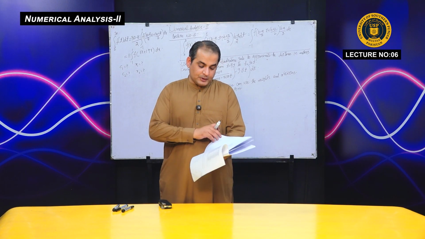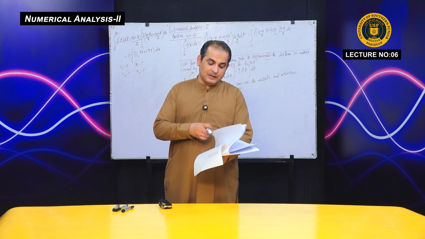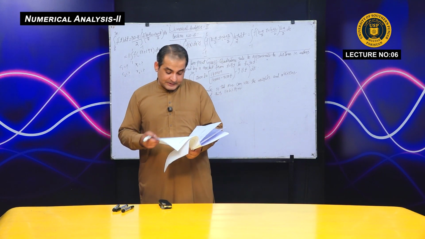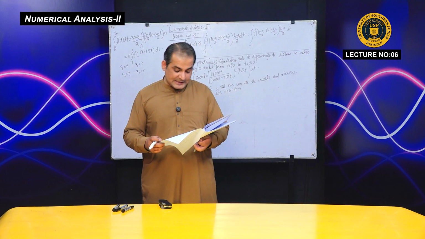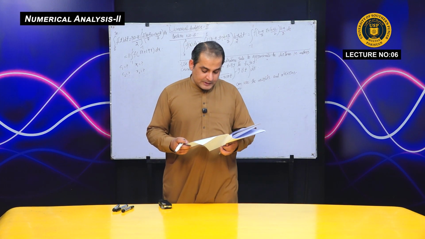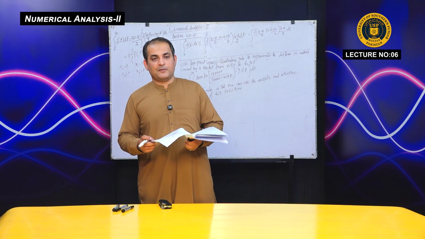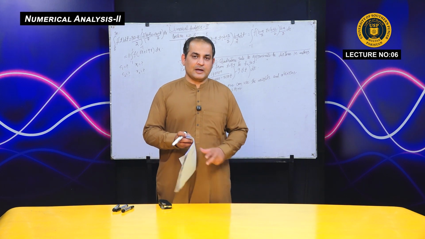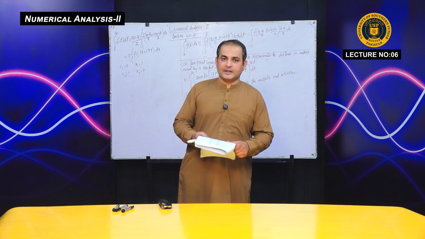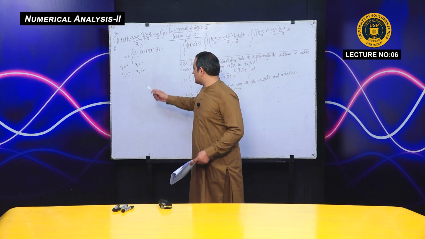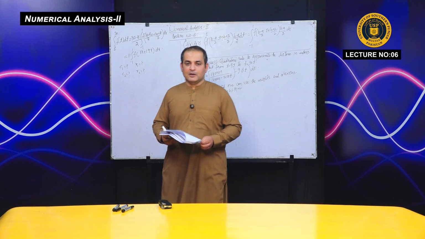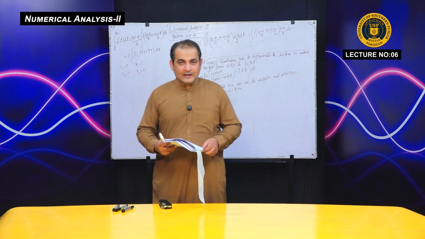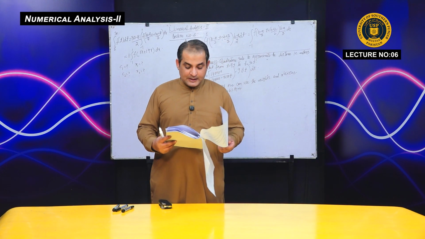In these notes you have the table, Table 7.5.3.1.1. In this table you can clearly see the values of c1, c2, x1 and x2. Put these values in the 2-point Gaussian quadrature formula and you will get your desired result.